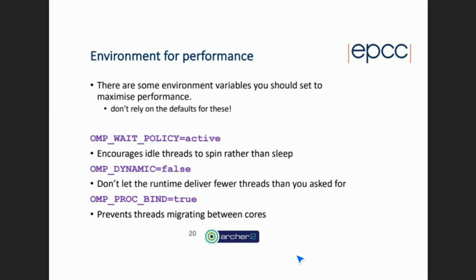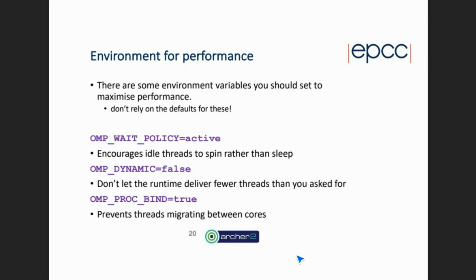And the last one is OMP proc bind. If you set OMP proc bind equals true, then you'll have your threads bound to cores and prevent them from migrating between cores while the program's running. So if you care about performance, that's probably a good idea.